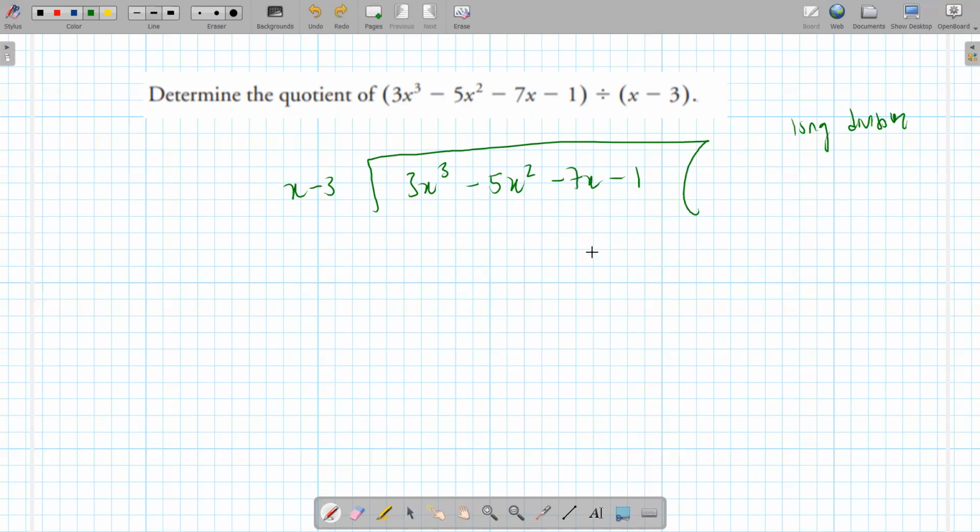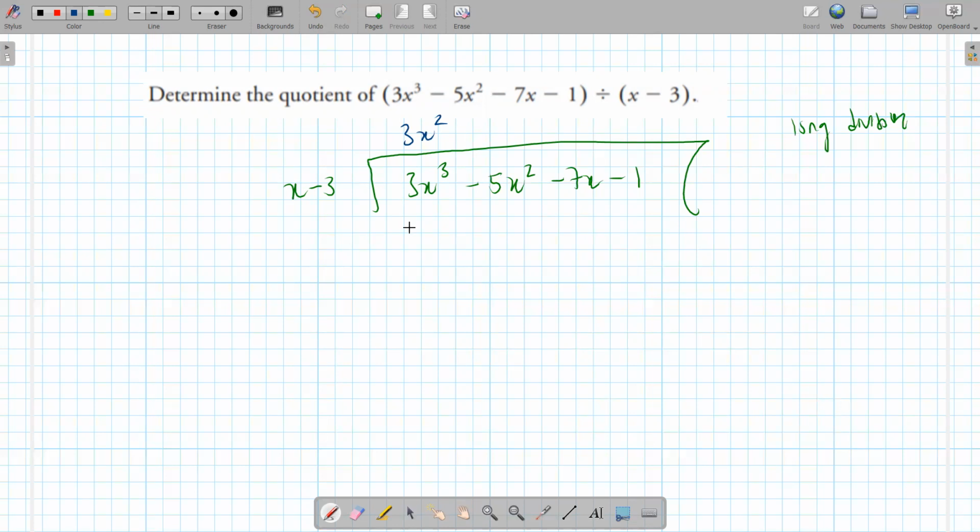Okay? Step number 2. We need to multiply x with something so that this x becomes 3x cubed. So x times something is 3x cubed. What would that be? 3x squared. Okay, and why did we do this?